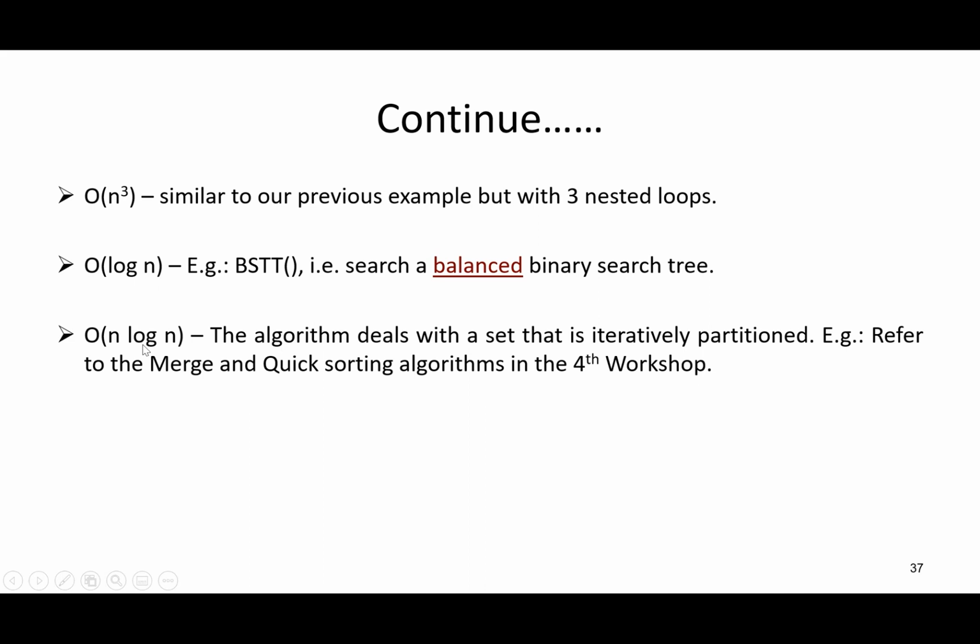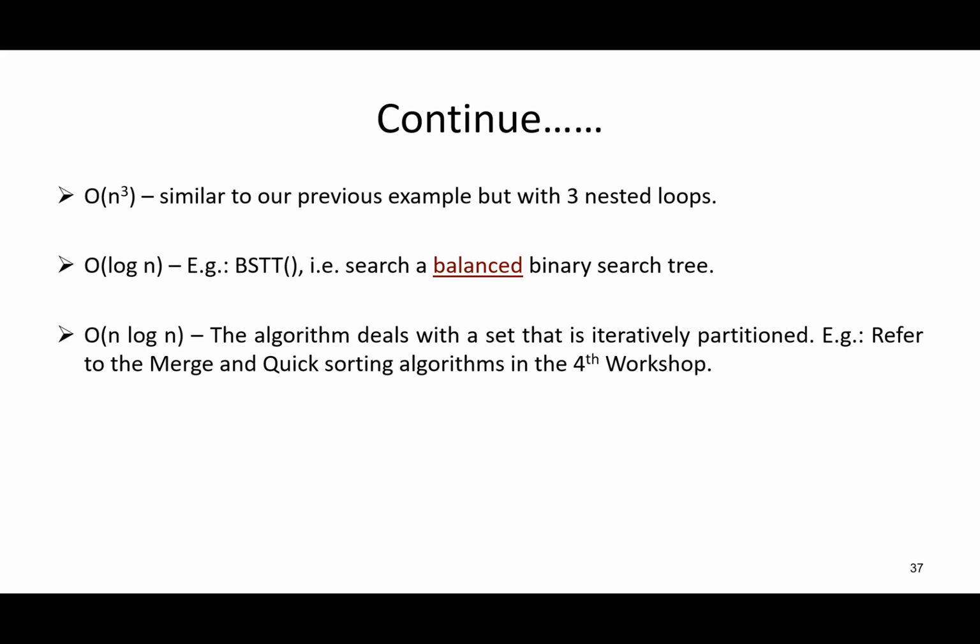You can also have n log2n. This algorithm will deal with a set that you partition iteratively. You will see this big O notation n log2n in our next workshop, the fourth one, when you look at sorting for merge sort and quick sort. Then you will understand what n log2n means.